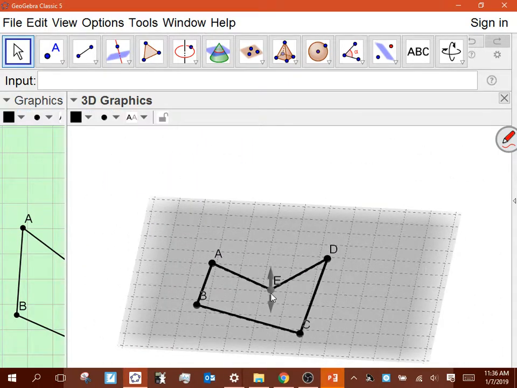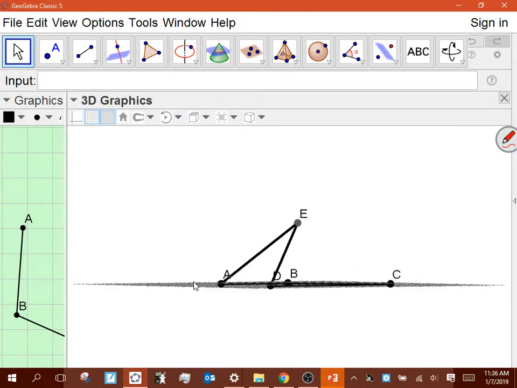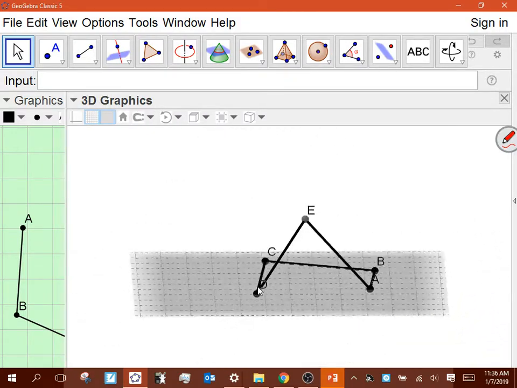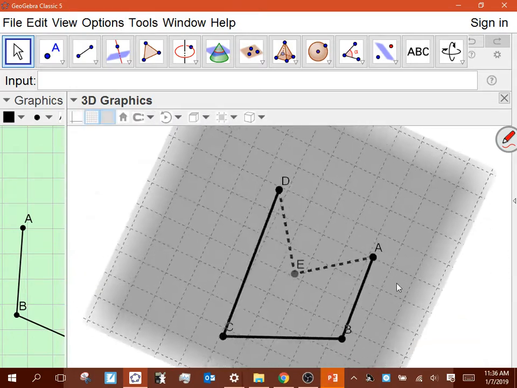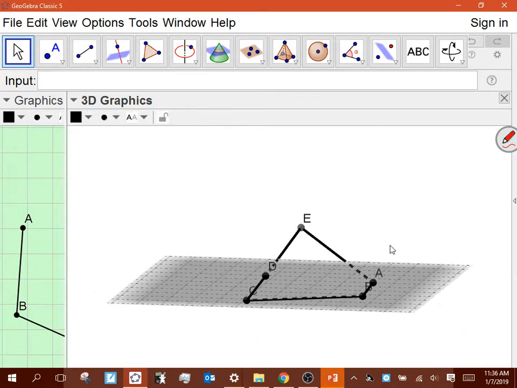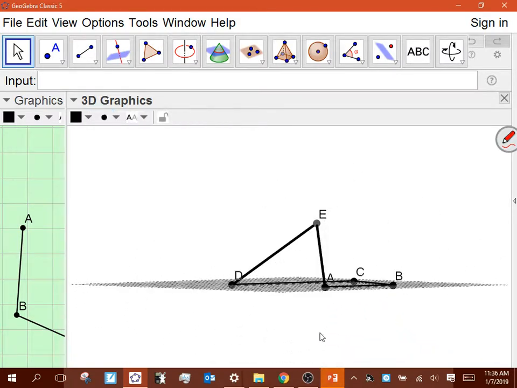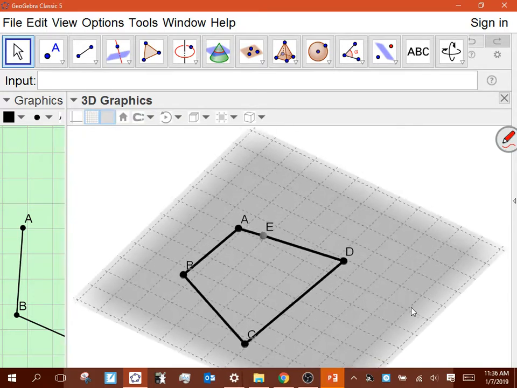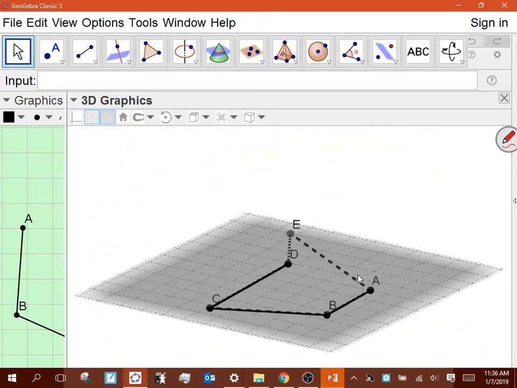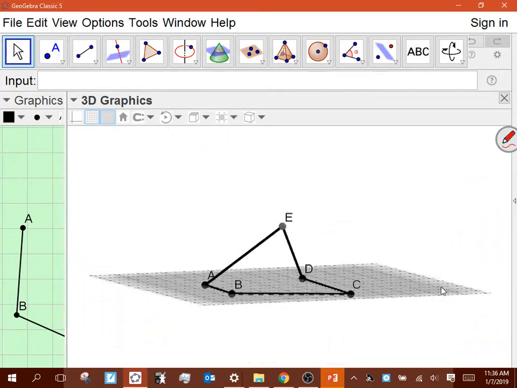Now it's no longer a polygon. Still, each segment intersects exactly two other segments. No curves. But what happens is now we have segments that are not coplanar.